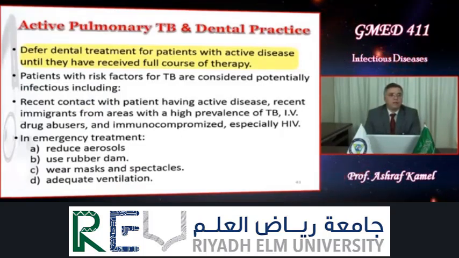Active pulmonary TB and dental practice. Defer dental treatment for patients with active disease until they have received the full course of anti-tuberculous treatment. Patients with risk factors for TB are considered potentially infectious, and these include recent contact with patients having active disease, recent immigrants from areas with a high prevalence of TB, IV drug abusers, immunocompromised, especially HIV.